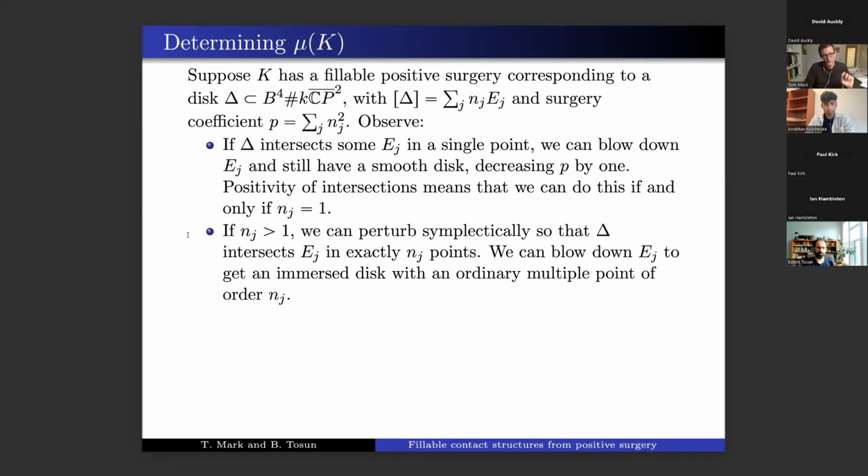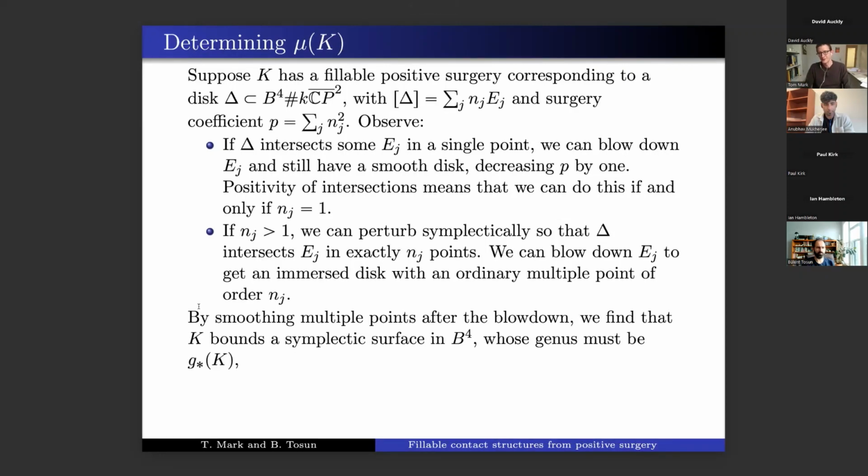The blowdown is now some easy singularity. It's just an ordinary multiple point of order N_J. After that, you can perturb the multiple point to become a whole bunch of double points. You smooth all the double points, and you count how many you had, and each N_J multiple point gives you this many double points after you smooth it out.